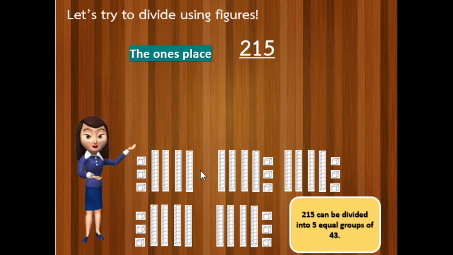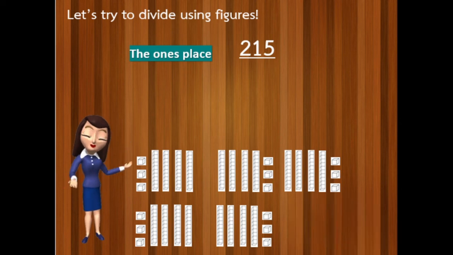So let's check. This is 10, 20, 30, 40, 41, 42, and 43. 5 groups of 43. Therefore, one bouquet has 43 red roses.